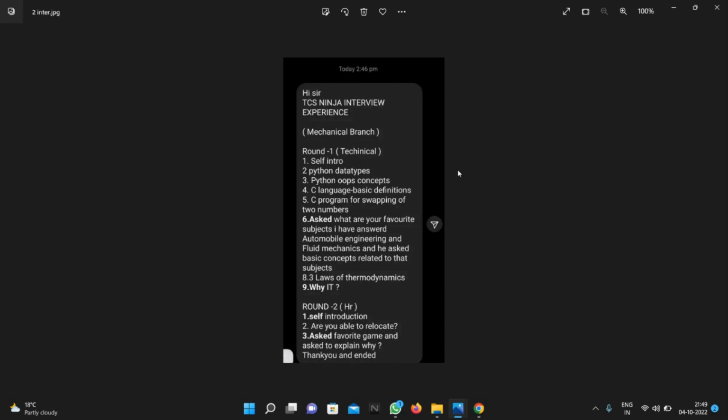You can see that most interviews, in fact every interview, will start with self introduction. Then he mentioned Python in his resume, so they asked questions on Python like Python data types, Python OOPS concepts, C language basic definitions, and a C program for swapping two numbers. These are simple basic programs.